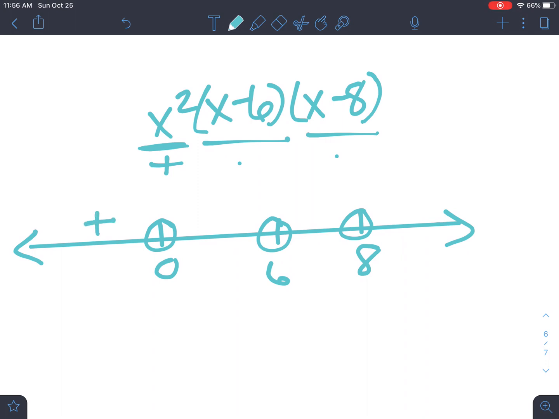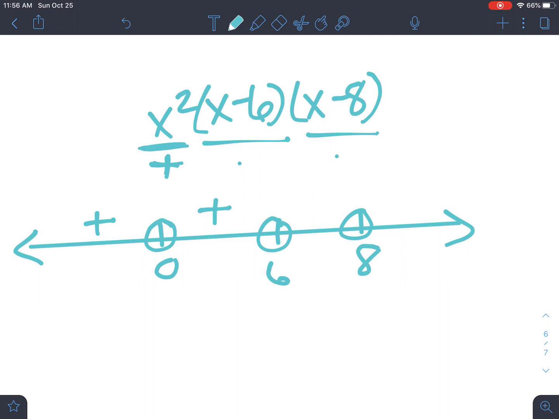Okay, how about if I plug in 0 to 6, how about 4? Positive 4. So I would get a positive always. 4 minus 6 is a negative. 4 minus 8 is a negative. Positive times a negative is a positive again. Interesting. All right, from 6 to 8, how about 7?